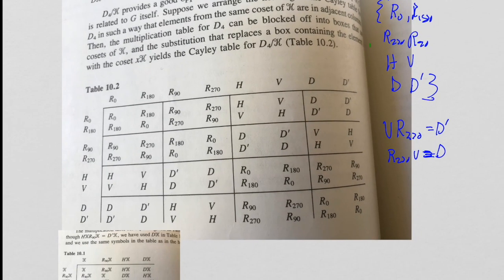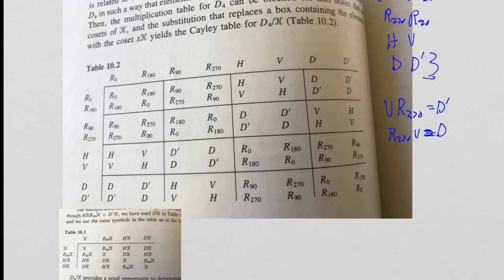So, is that true? R90 times R90 is a rotation. R270 times R270 is a rotation. R270 times R90 is a rotation, or zero rotation, right? And R90 is a rotation. So all the rotations among themselves actually form a group. And so that is going to be an example of a subgroup.